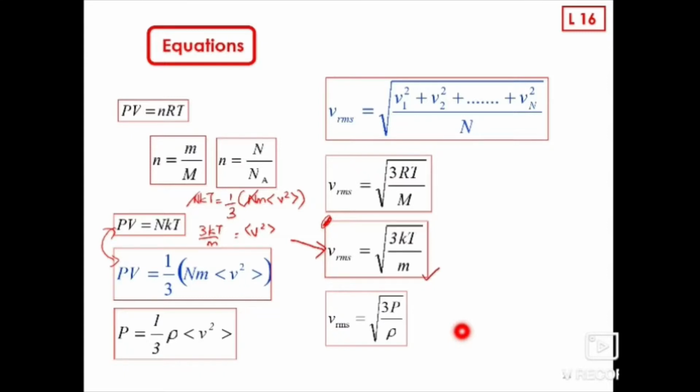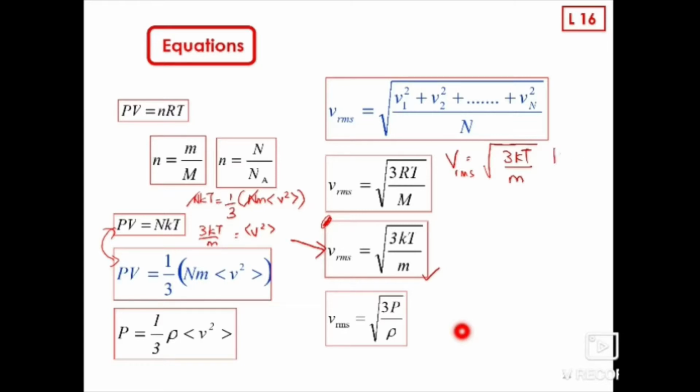So settle this equation. Now we look at the third equation, VRMS equal to square root of 3RT over M. So VRMS equal to square root of 3kT over m, where m here refers to the mass of the molecule, small m.